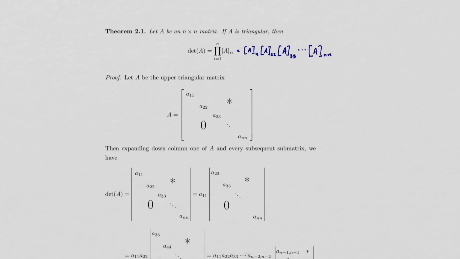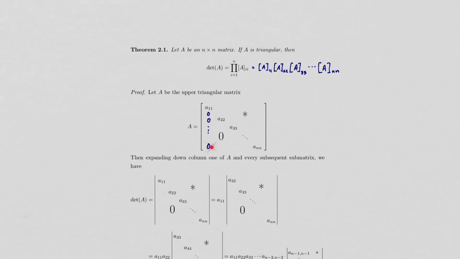The proof is pretty straightforward, and it relies on the previous theorem that says that we can expand across any row or down any column. So if I have an upper triangular matrix here, where the lower triangle is all zeros, I'm going to expand down column 1. Now remember, everything below A11 is a 0.